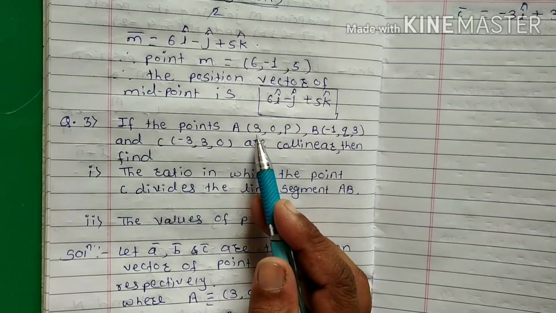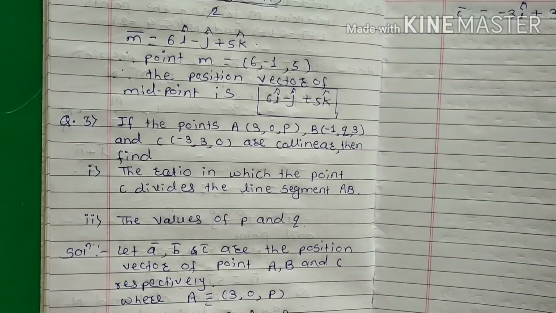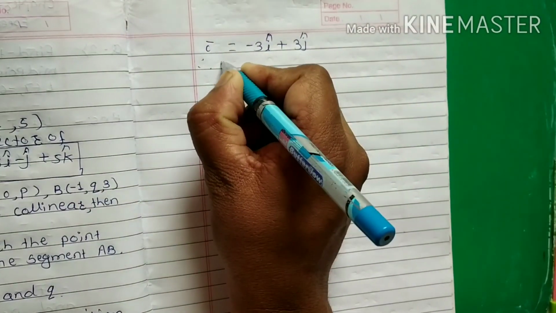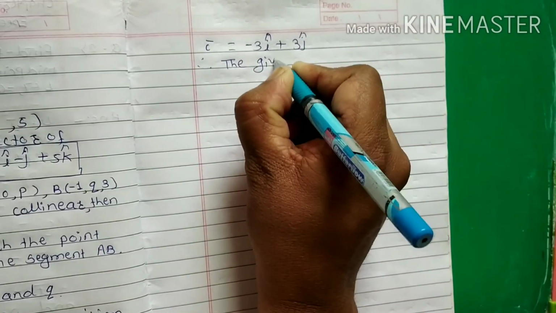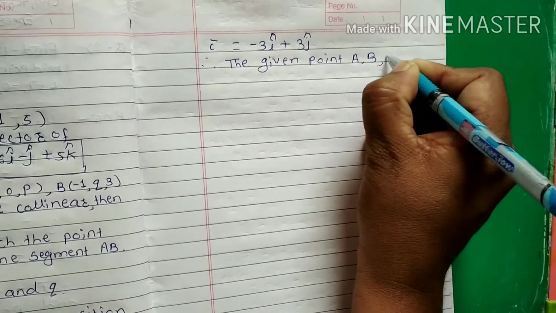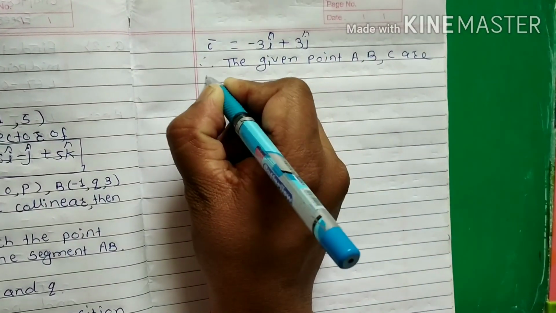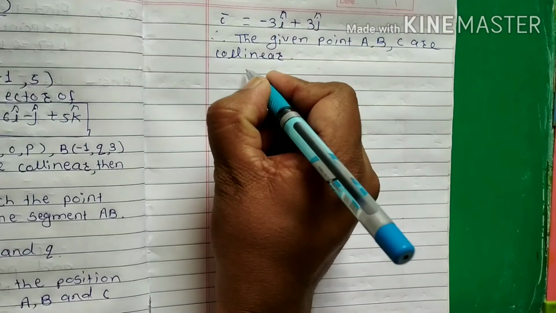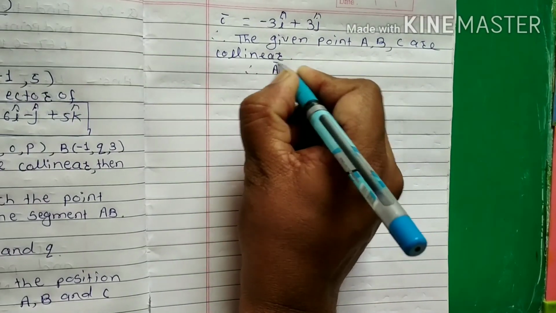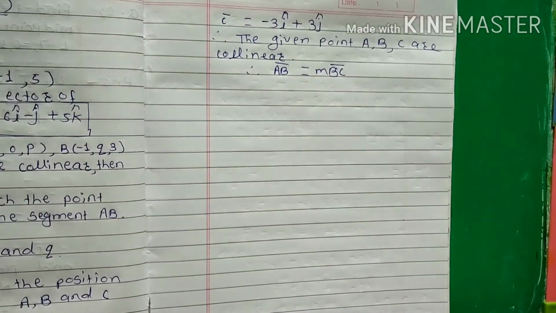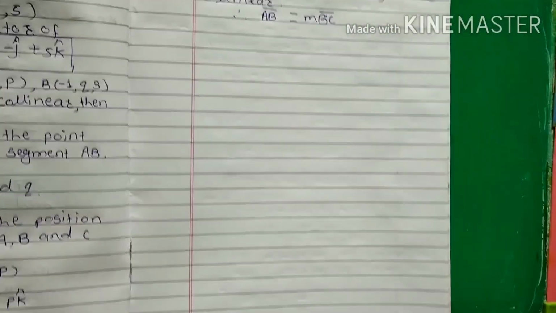And in the question we are given the condition that the 3 points A, B and C are collinear. Therefore the given points A, B and C are collinear. Then we write AB bar is equal to M into BC bar, or AC bar, we can write either here.